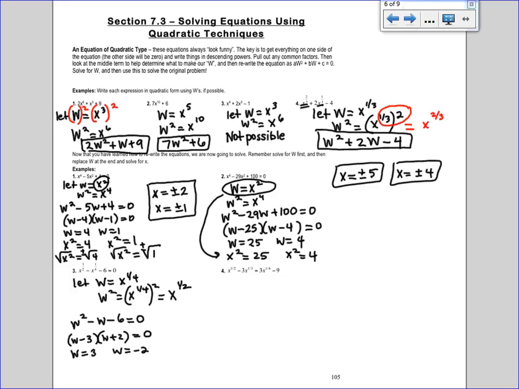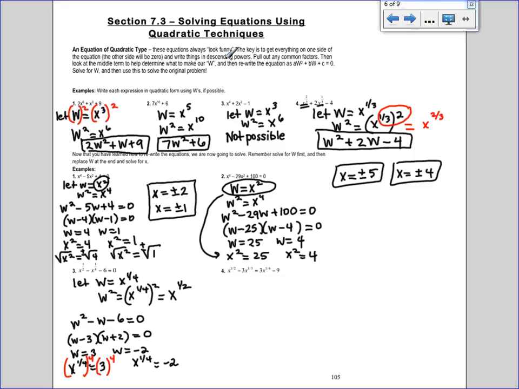So w is x to the 1/4. So x to the 1/4 equals 3, and x to the 1/4 equals negative 2. Okay, I need to solve both. So I have x to the 1/4. If I want to get rid of the 1/4 power, I raise everything to its reciprocal, which is 4. So raise both sides to the 4th.